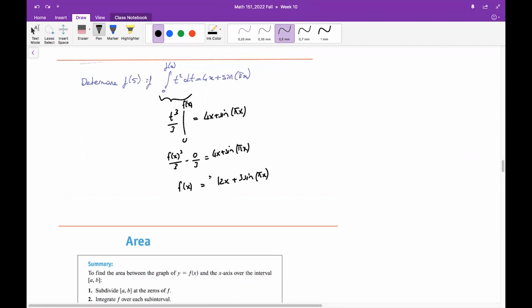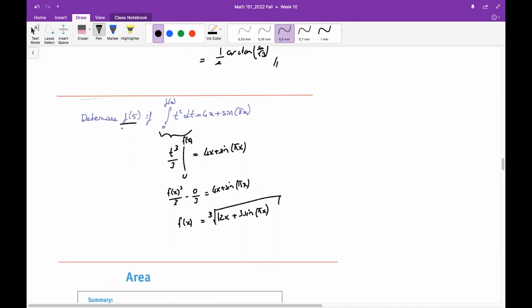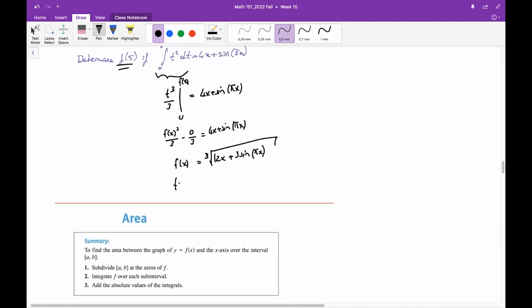That's why I also need to take the cube root of it. So this is your f function. Now I want to find f(5). It is easy. I can just insert 5 for x. So the result is, inserting 5 for x, the cube root of 60 plus 3 sine 5 pi. Sine 5 pi is obviously 0, so the result is the cube root of 60.